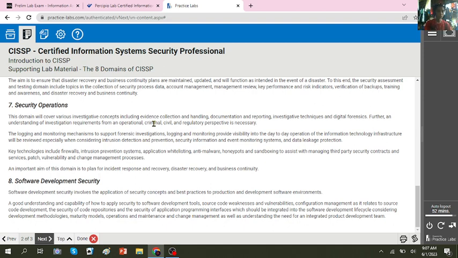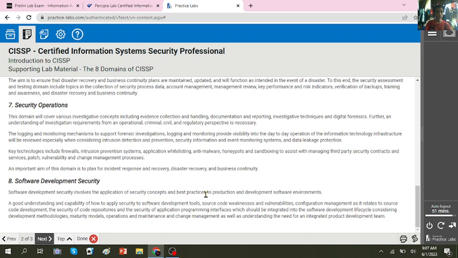Number 7, security operations. This domain will cover various investigative concepts including evidence collection and handling, documentation and reporting, investigative techniques, and digital forensics.